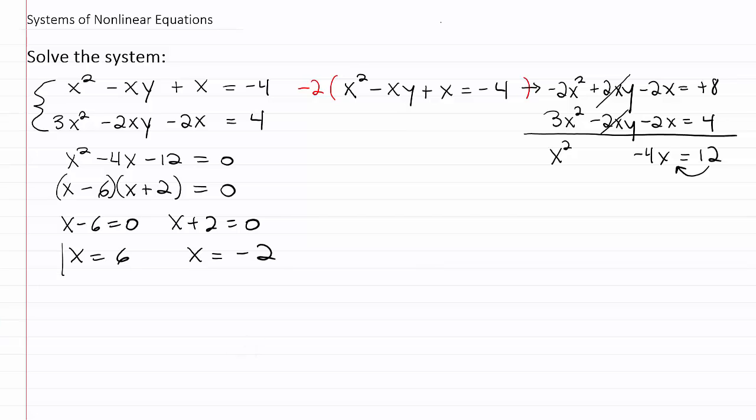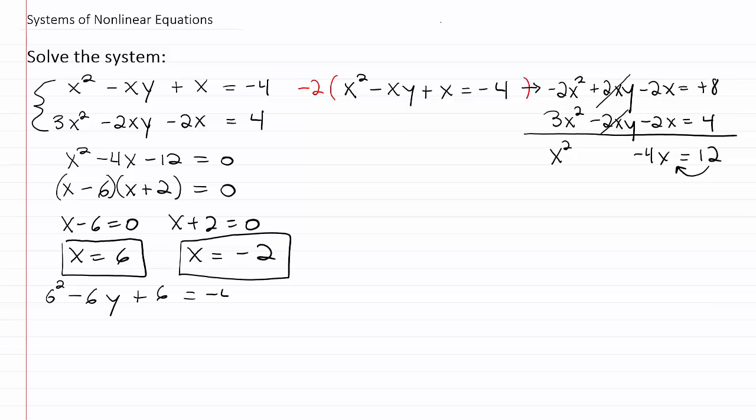Now using these two x values, let's go ahead and evaluate them in the equation to see what happens to y. So for example, in the first equation, if I put 6 in, I'll have 6 squared minus 6y plus 6 is equal to negative 4. So I substituted in 6 for each x value. 6 squared is 36 minus 6y plus 6 is equal to negative 4.